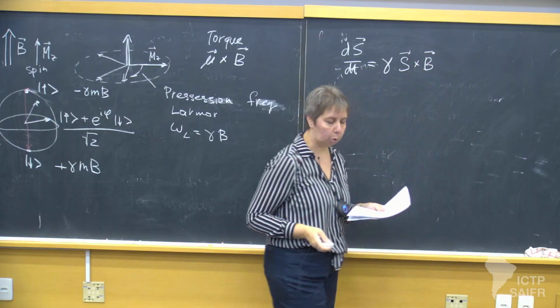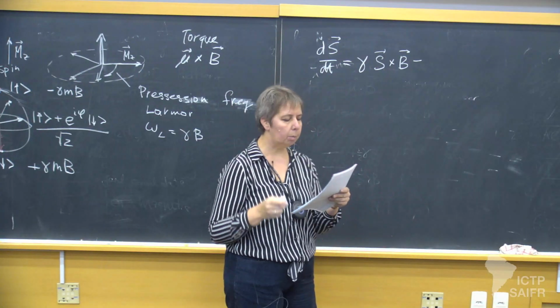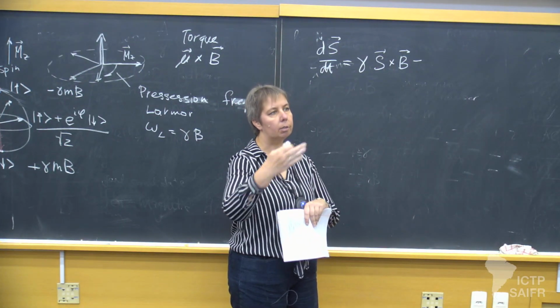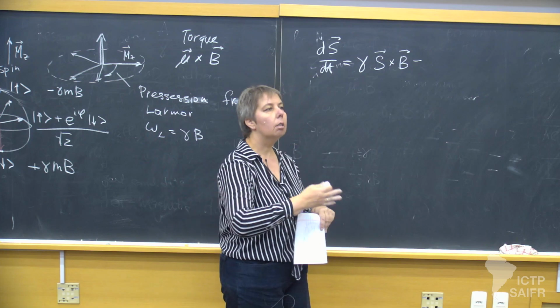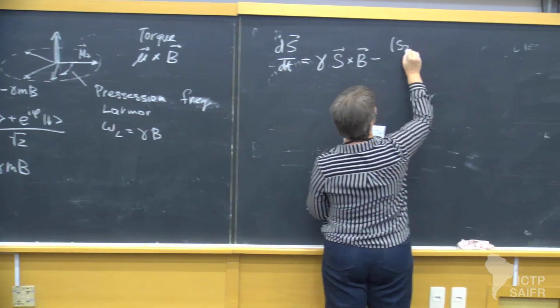So that's the good term. The second one, as I think somebody mentioned, is that magnetization is not going to last forever. If we created it, eventually there are many processes which are going to cause decoherence.